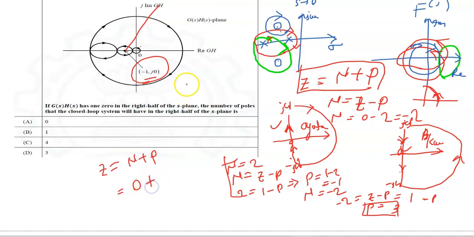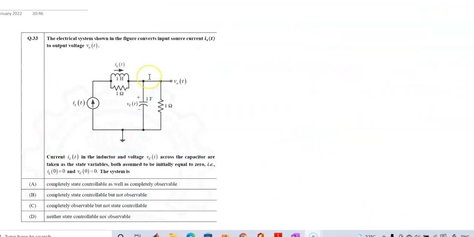The number of poles of GSHS we have already found is 3. So Z equals 3. That is, the number of closed loop system poles in the right half S-plane is 3. So the answer is option D. Hope you have got it. Come to the next question.